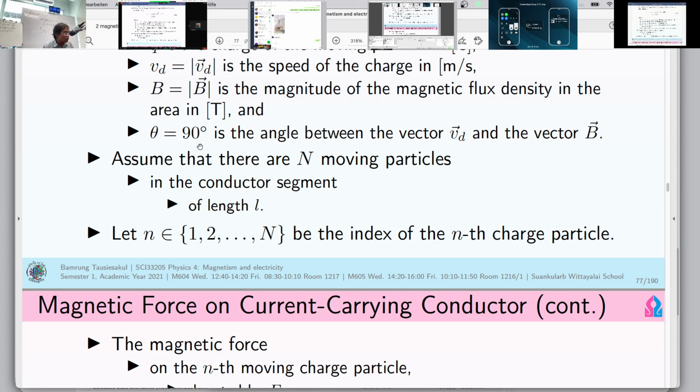Now we move to another scenario, which will cover all of what happened in the current movement in the long straight wire.